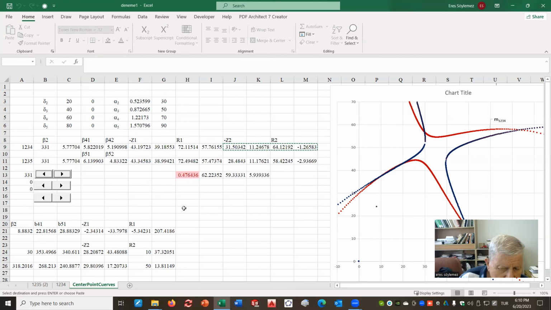Hey, I have another solution over here. And let's see, 2, 9. Yes. Ten to minus 4, okay. 10 to minus 6, that's good enough.